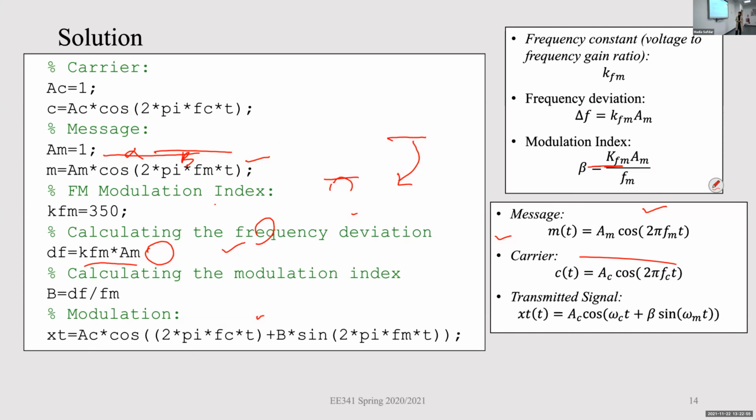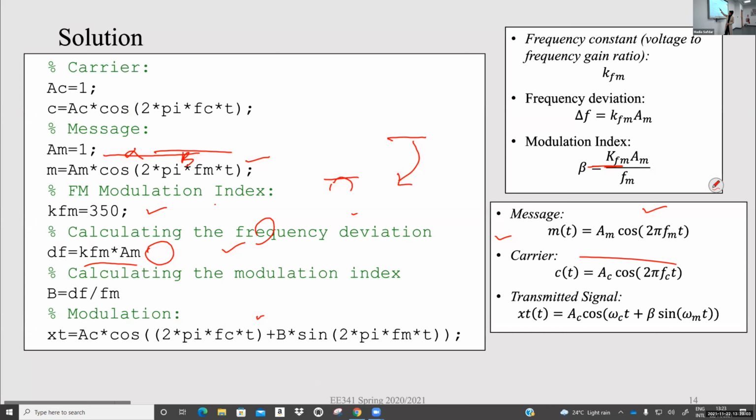Then the amplitude of carrier, first my carrier, then message, then the voltage frequency sensitivity or voltage to frequency gain ratio. Then this is my frequency deviation, KFM into AM. Then this is my modulation index. Then this is my equation for the modulation, and this is my modulated signal.